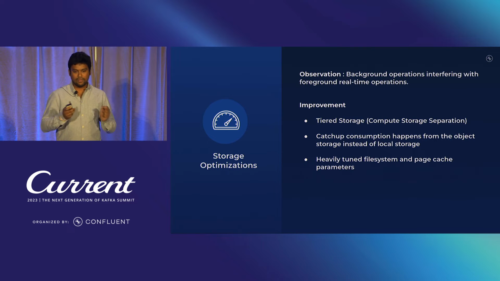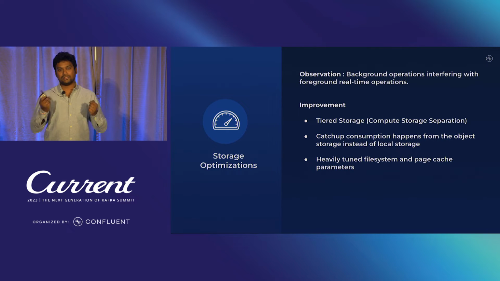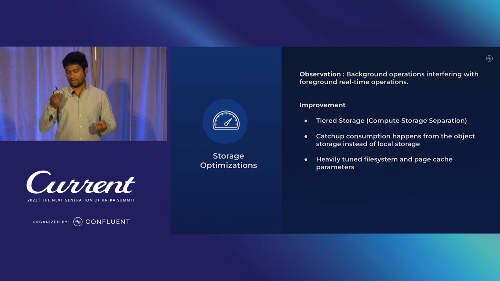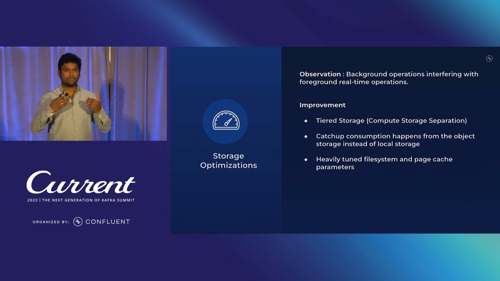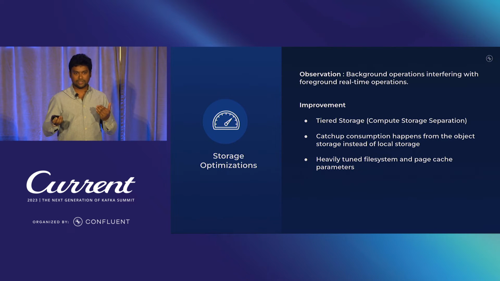But the side effect is that all this catch-up consumption and compaction happens from the object storage instead of using the disk throughput. So effectively, we get the disk throughput back for all the real-time foreground operations.